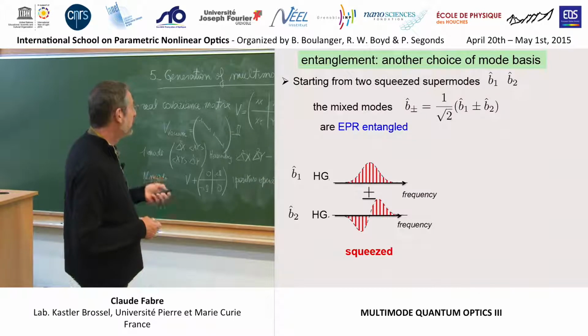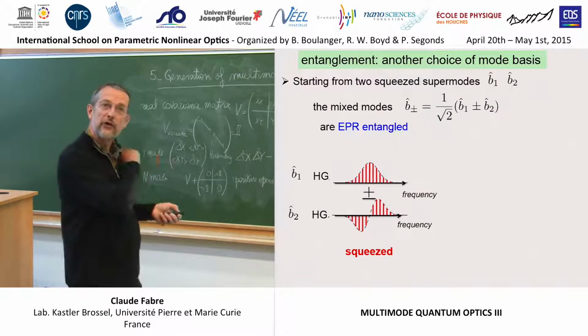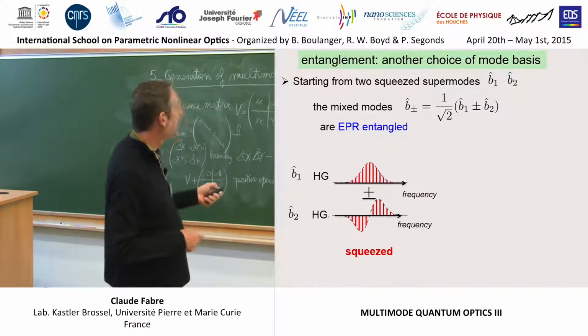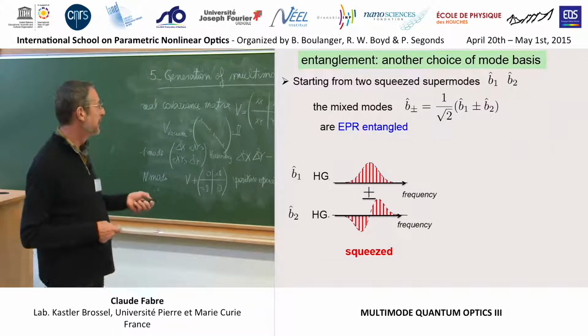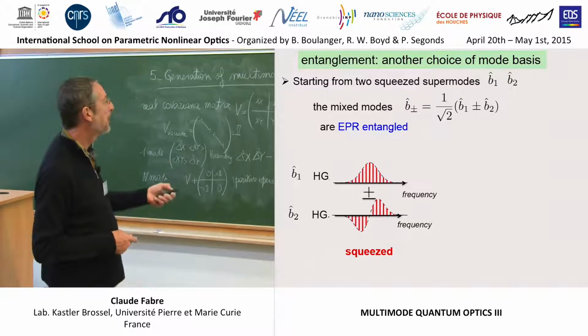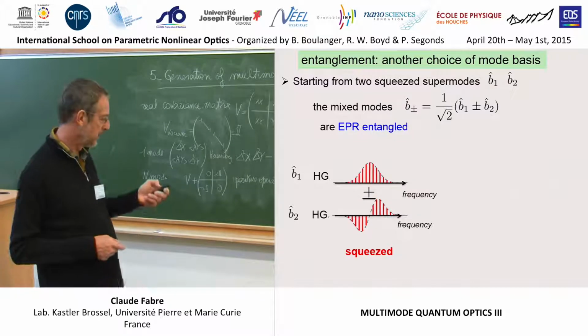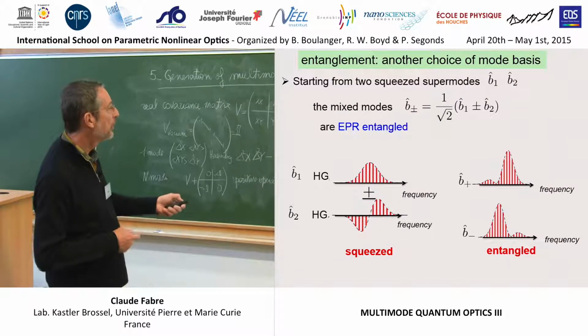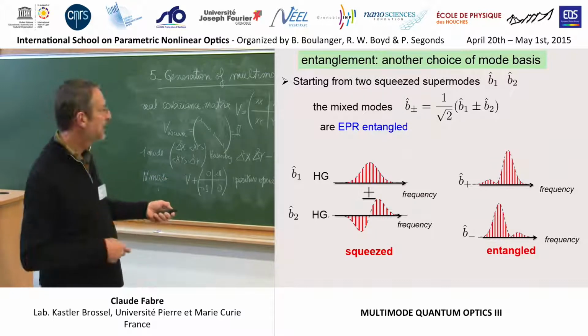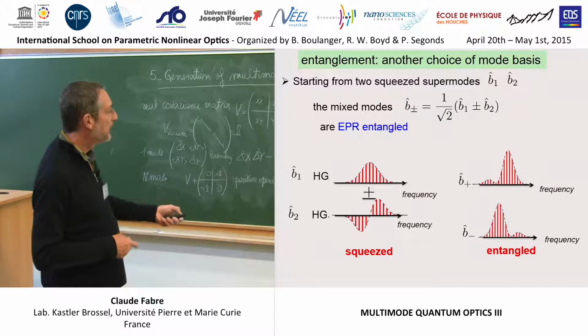So for example, let me take the first two modes that I showed you before. The first one is Hermite-Gauss like that. The other one is Hermite-Gauss first order. If I add these two, taking the plus sign, I will enhance this part and cancel the other part. So I will have more weight on the highest frequency side. And if I take the minus sign, I will have the reverse.